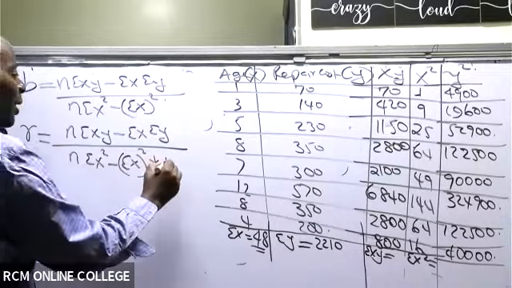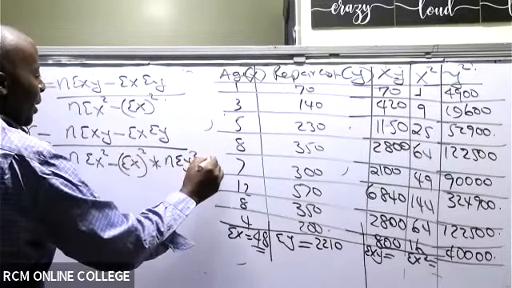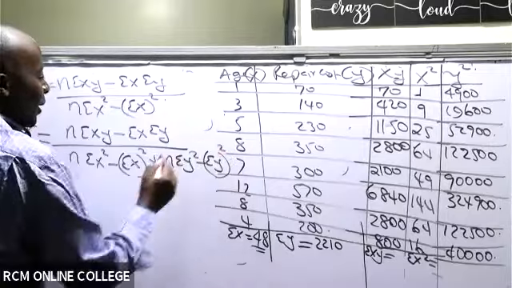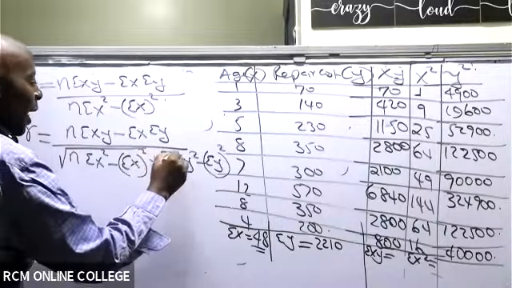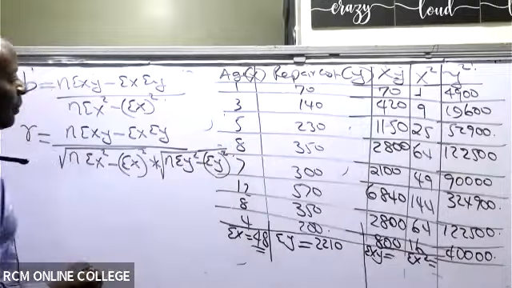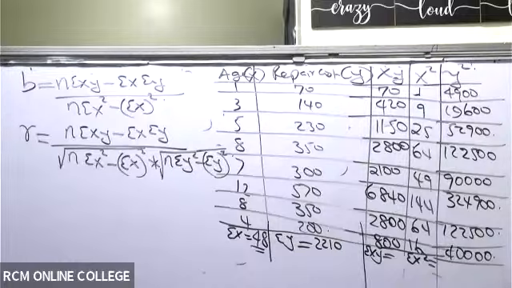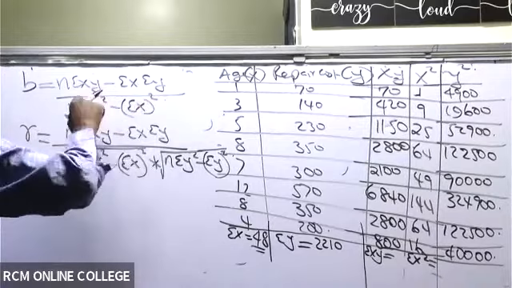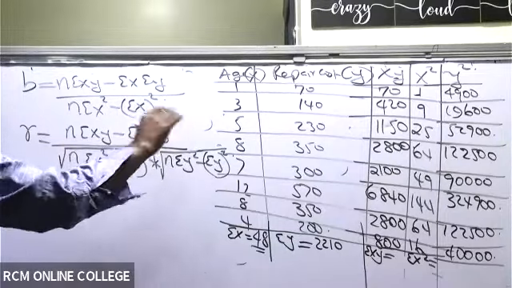So it becomes n summation of y squared minus sum of y, squared. Of course, you put these under their respective square roots, and I prefer putting each one under its own square root.